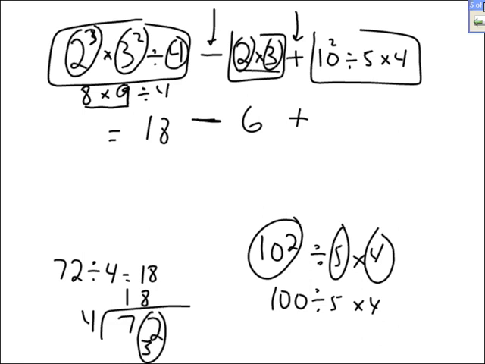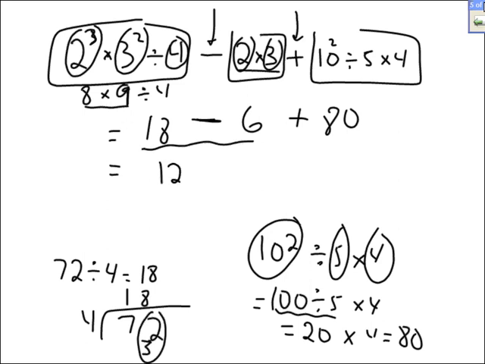You go left to right, whichever one comes up first. 100 divided by 5 is 20, nickels in a dollar. Work that out, make sure. 20 times 4 is 80. So here it is. It's 18 minus 6, which is 12, plus 80 more is 92.